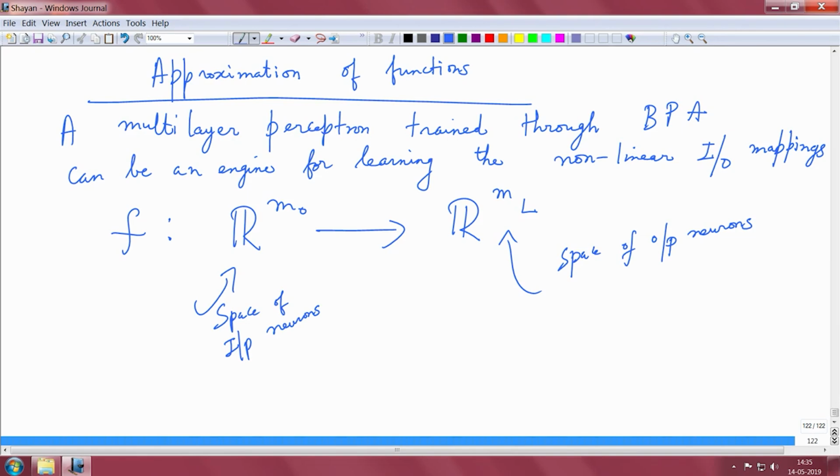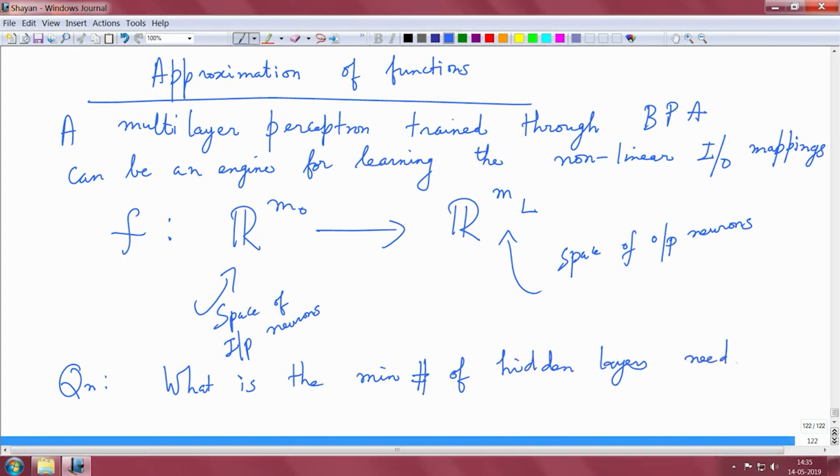Now the question that we will have to look into algorithmically is, what is the minimum number of hidden layers needed for a multilayer perceptron to learn the input-output relationship.